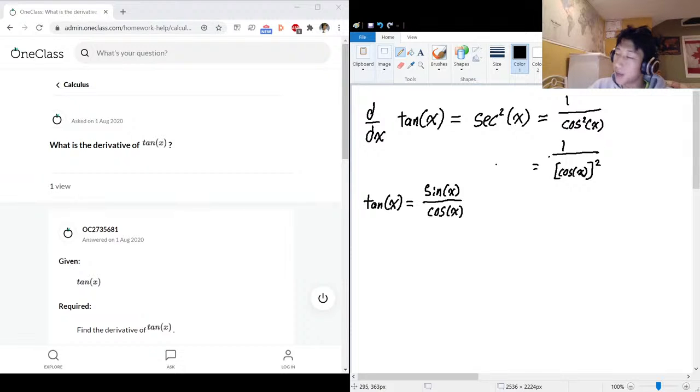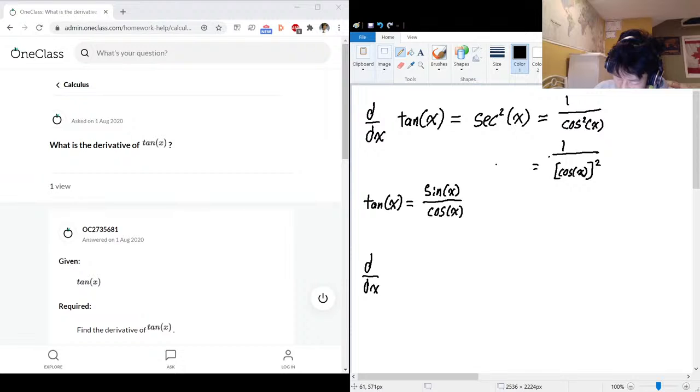Sometimes in your equations you might see tans, which could be difficult to deal with. If you substitute it with sine x divided by cos x, sometimes it can make things easier to simplify. Taking the derivative of tan x is the same as taking the derivative of sine x divided by cos x. So let's see how that works out.